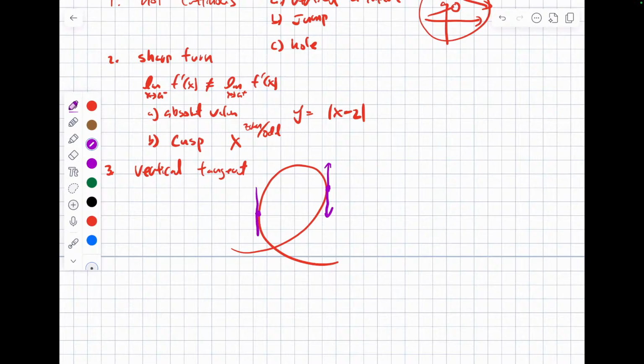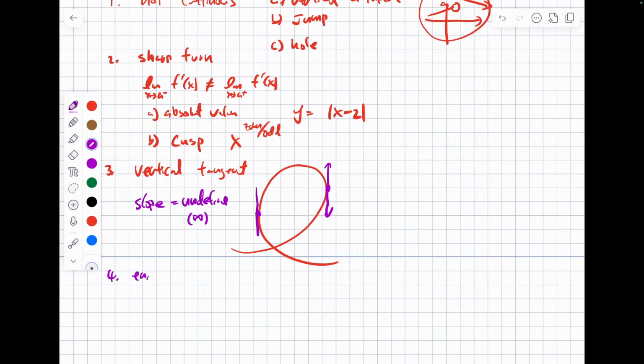This is called a vertical tangent because at that point the slope is undefined. If the slope is undefined, that means the derivative is undefined as well. Or like infinity, for example. So slope is undefined. That's a vertical tangent. When it's a vertical tangent, it's not differentiable.